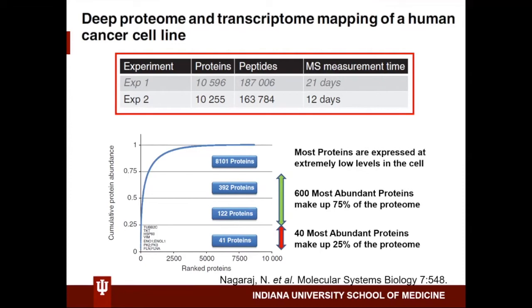And this final slide, this deep proteome and transcriptome mapping, is just re-emphasizing that in the mass spec, you're seeing the most abundant proteins are going to make the most peptides. Since they exist at the highest quantity, they're going to produce so many peptides, and you're going to identify them over and over again in the mass spec. Whereas just the 40 most abundant proteins are this 75%.